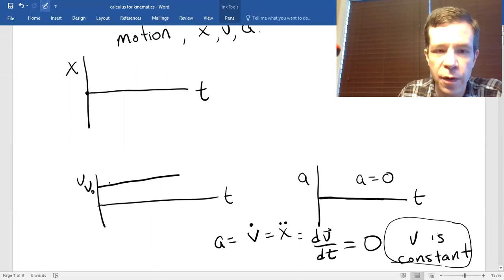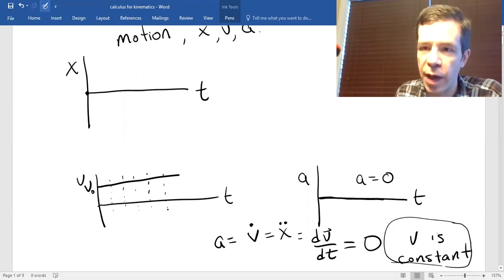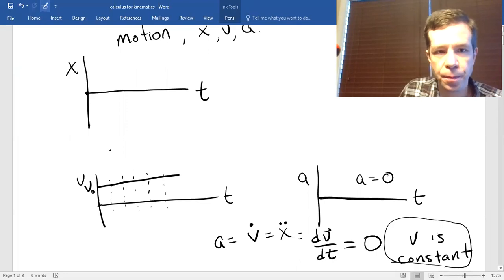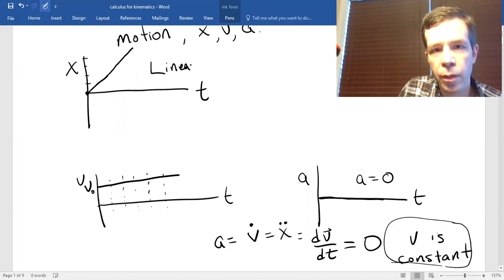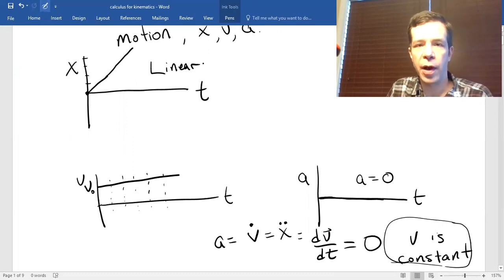So that means each second we cover some distance based on that speed. And that distance is the same. So each second we move up the same amount. That gives us a linear position graph.